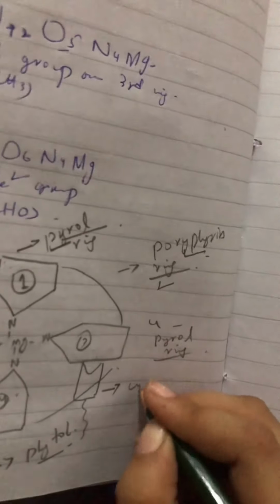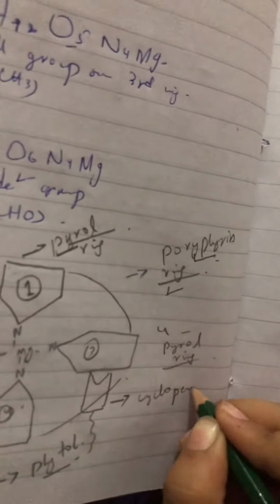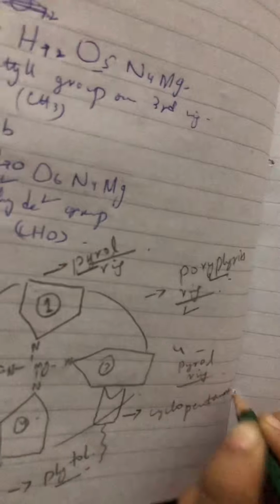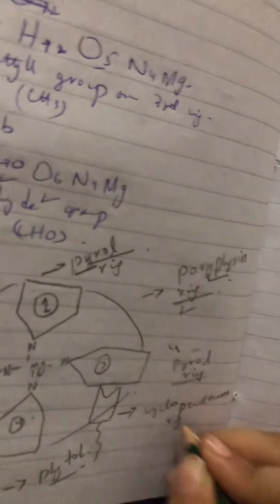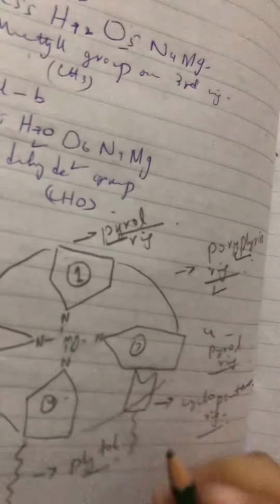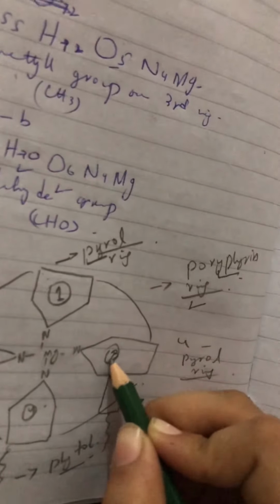On the third ring we have another ring present, called the cyclopentanone ring, which is present on the third pyrrole ring.